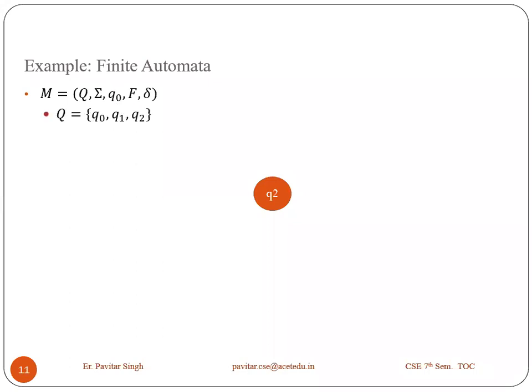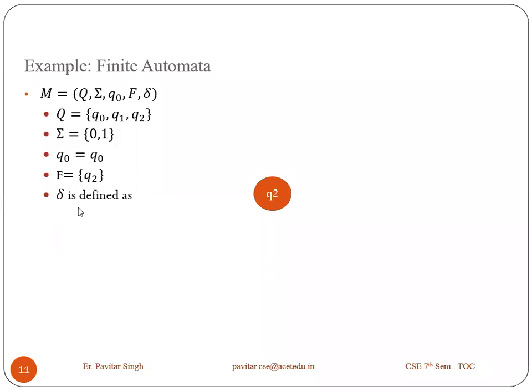First we have Q, which consists of 3 states, Q naught, Q1 and Q2. Next we have the input alphabet, 0 and 1. Next we have the initial state, which is Q naught. Next we have the final state. Here Q2 is acting as your final state, which means Q2 will be represented with a double circle, right?